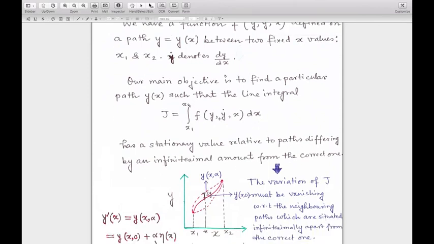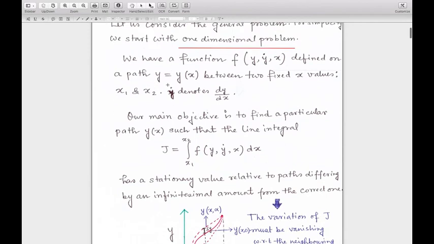Now, if you explicitly write y and y dot in terms of x and then finally integrate with respect to x, then you will be given just a number, or a value, for J. Now, our objective is to search for that particular function y of x so that the value of J, thus calculated, has a stationary value.